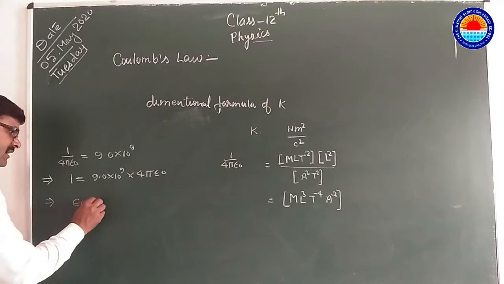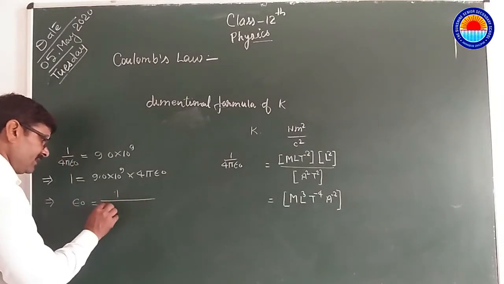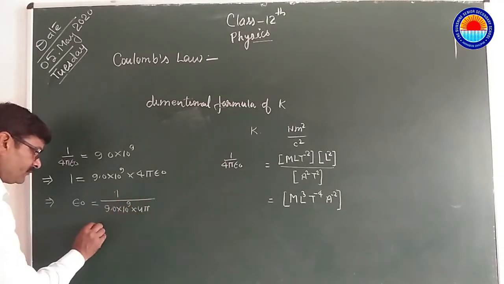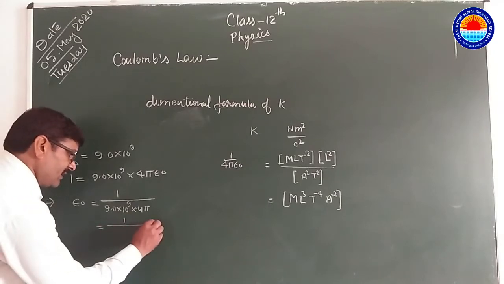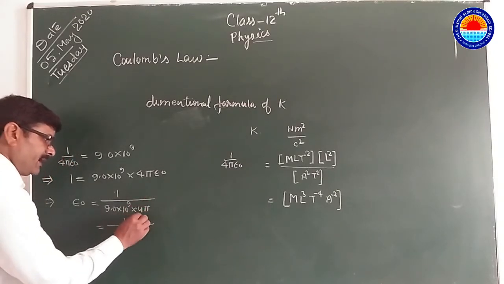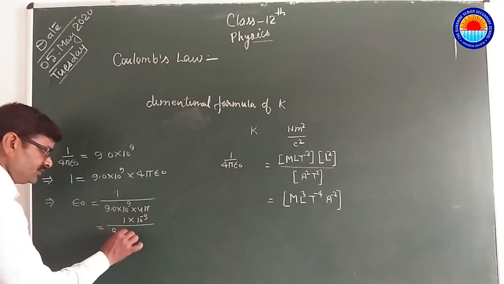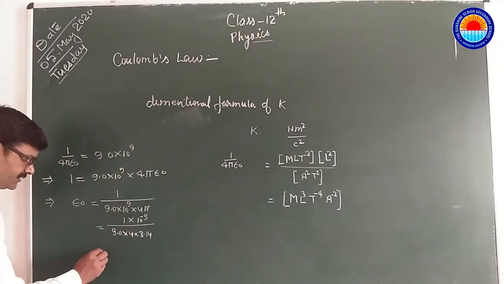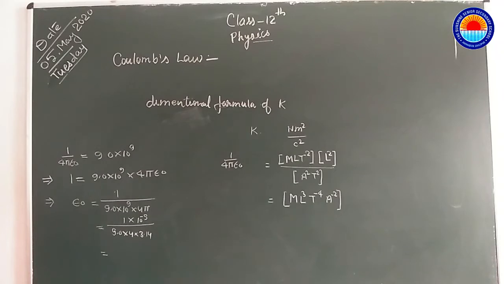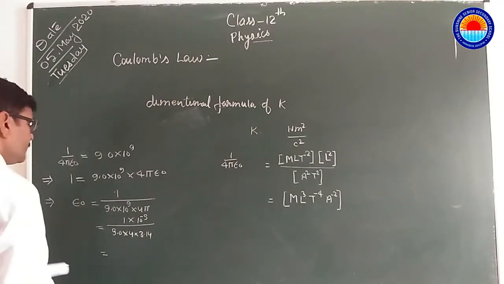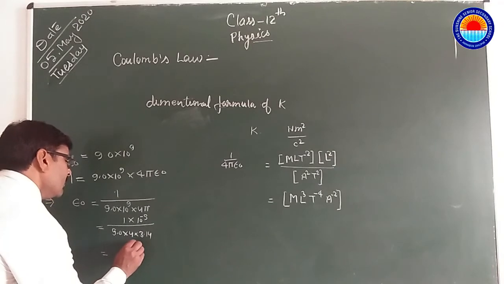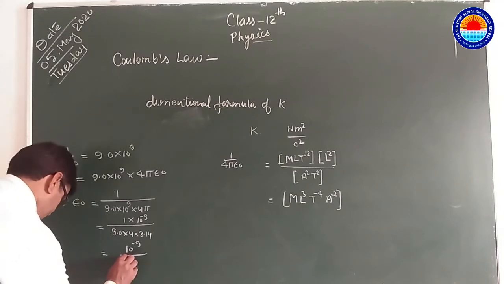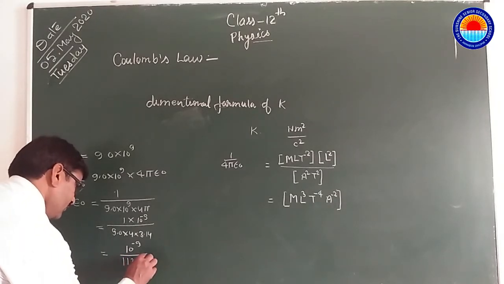Value of epsilon naught is equal to 1 divided by 9.0 into 10 to the power 9 into 4 pi, which is 10 to the power minus 9 divided by 9.0 into 4 into the value of pi, 3.14. It is equal to 10 to the power minus 9 divided by 113.04.